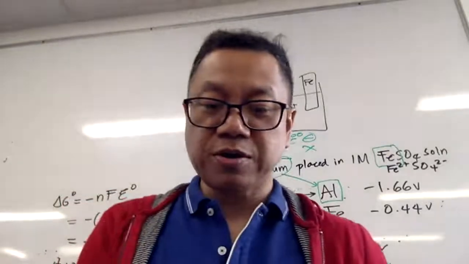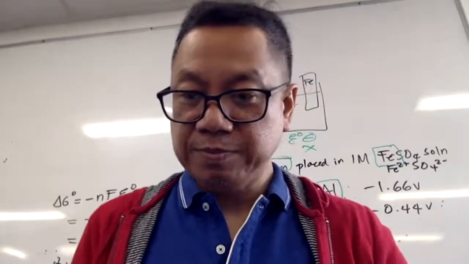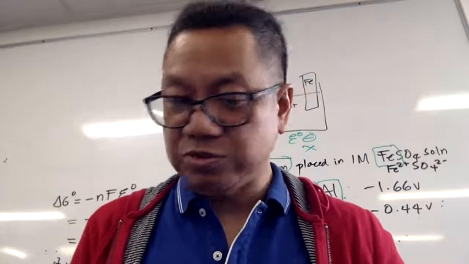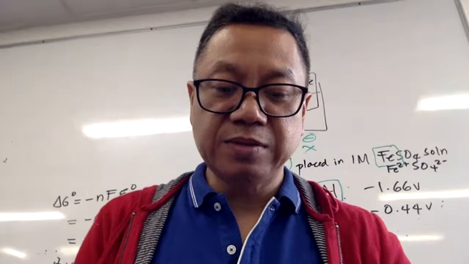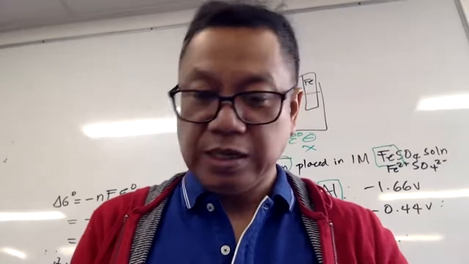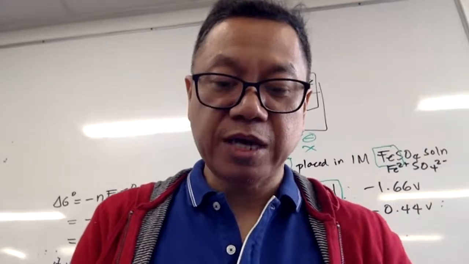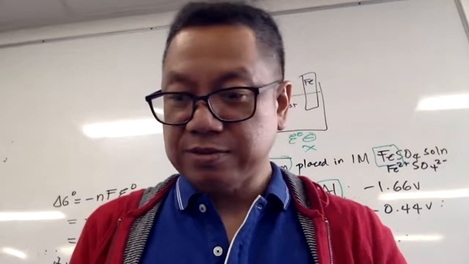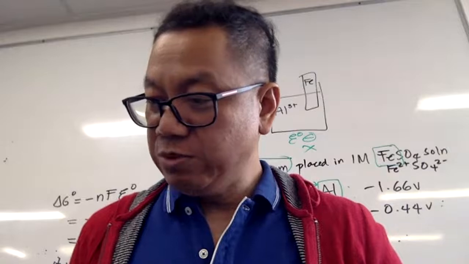So your homework will be, you don't need to submit this one, but you try the gold metal in 1 molar HNO3. That is in page 10. Check it out, and then we will discuss tomorrow.